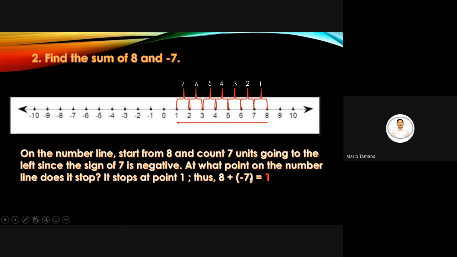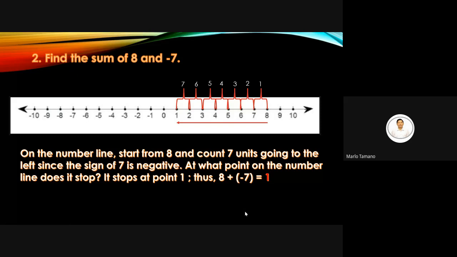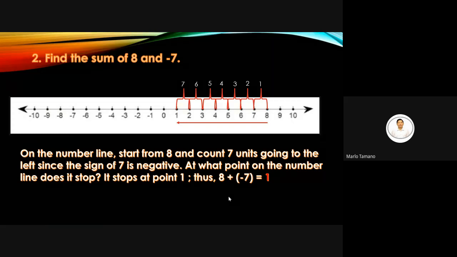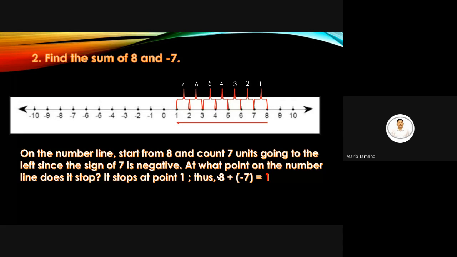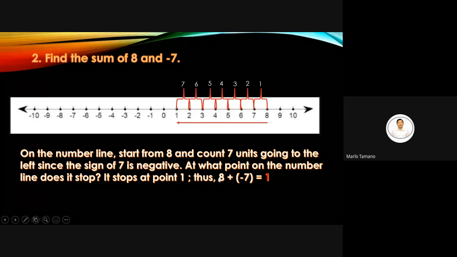The absolute value of 7 is 7. And the absolute value of negative 7 is 7. Then subtract the smaller from the larger number. So 8 minus 7 is 1. And copy the sign of the greater absolute value.